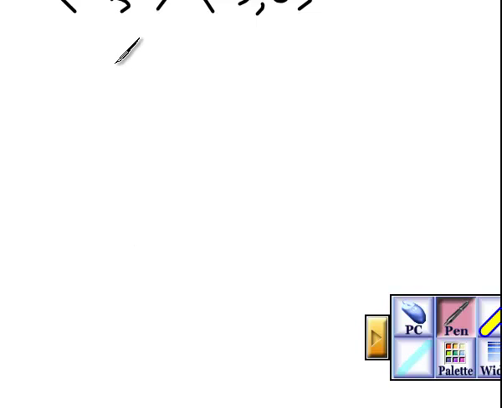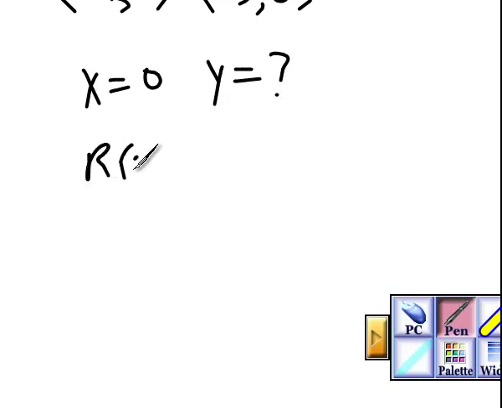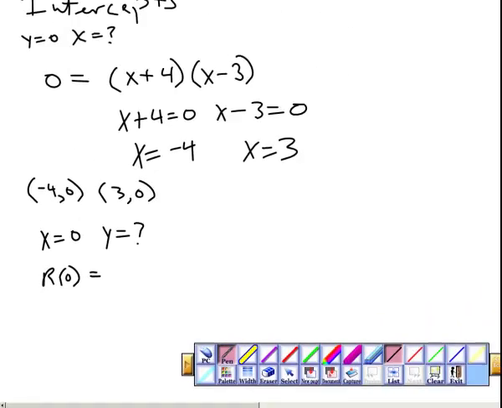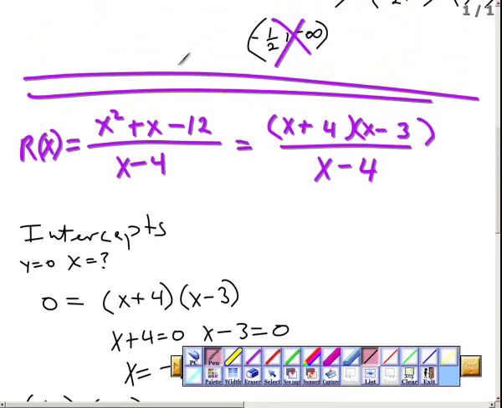Okay, and so now we want to set x equal to 0 and solve for y. So in this case, this would be r of 0, right? And at this point, you can go back to the original rational expression, and wherever there's an x, you know there's going to be 0 there. So there's a 0 for each of these x's. And what's left over when we do that?